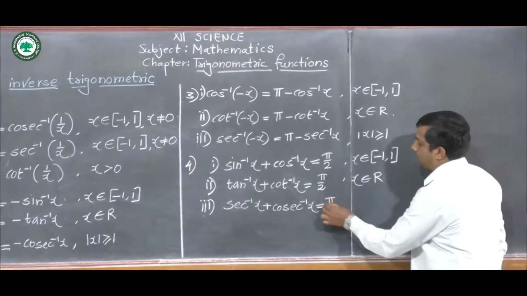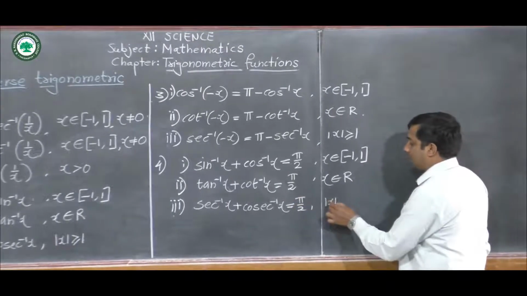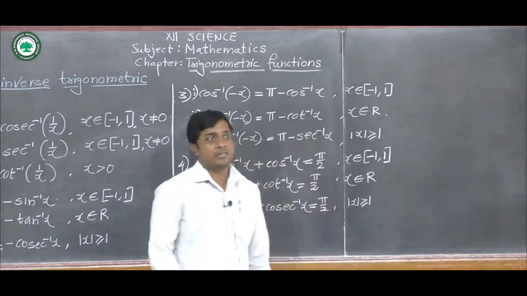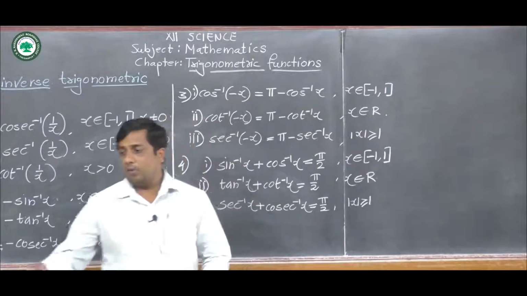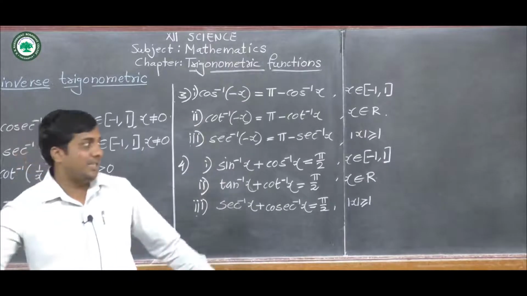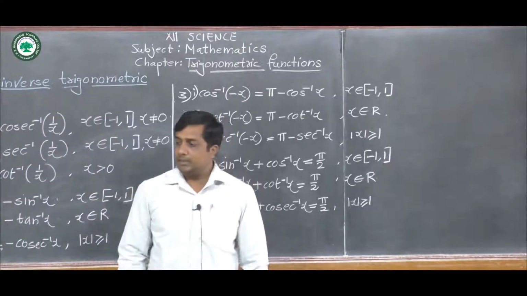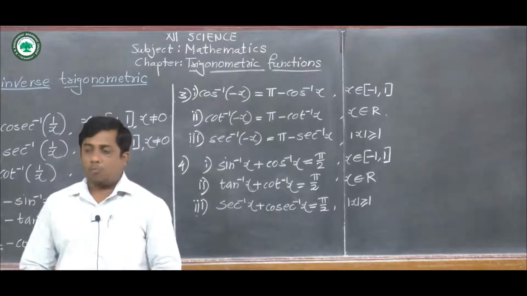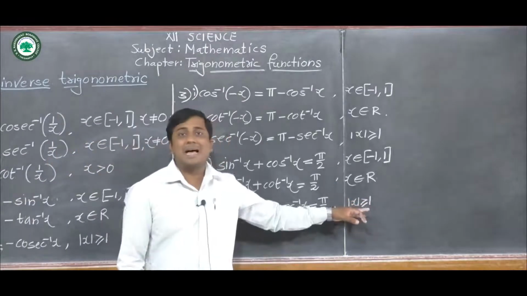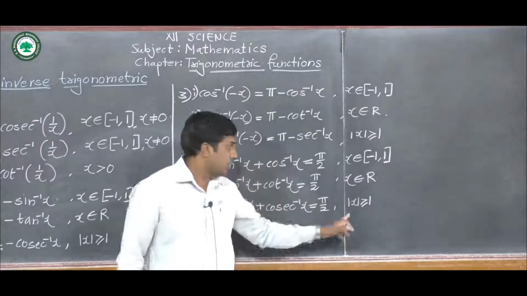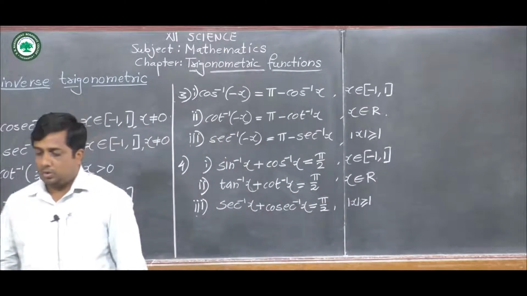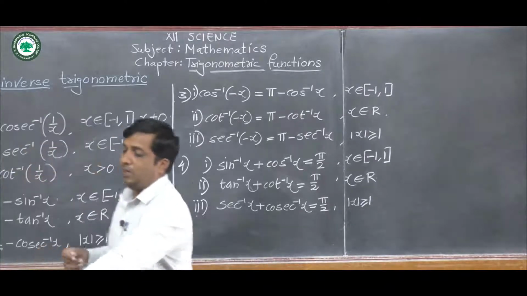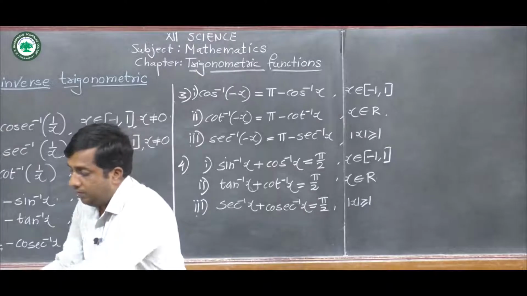Again mod x is greater than or equal to 1, so we consider x greater than or equal to 1 or x less than or equal to minus 1. Remember this. So we see this fourth property. Let's go with our fifth property.